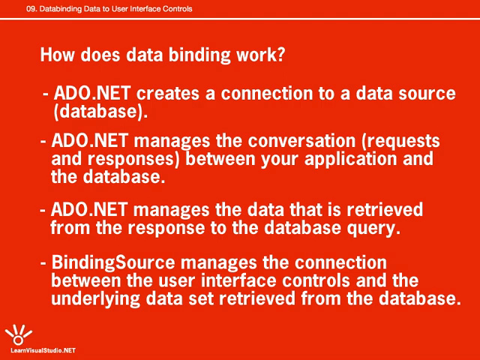Each control on a form, in essence, needs to get on the same page, so to speak, so that all are looking at the respective fields that they need to display that belong to the same row of data. So there's a class that manages that current row of data and tells the controls on the form that a new row of data is now the current row, and so you should update your values based on that.